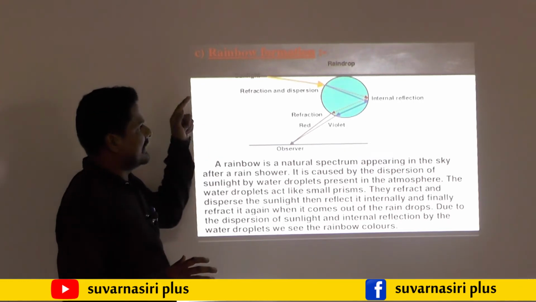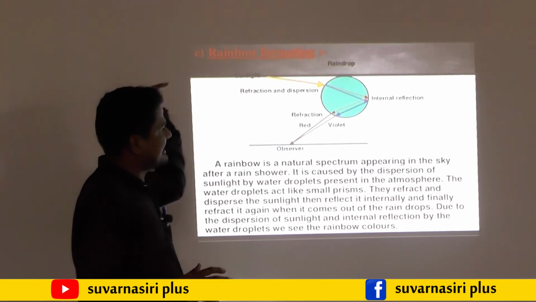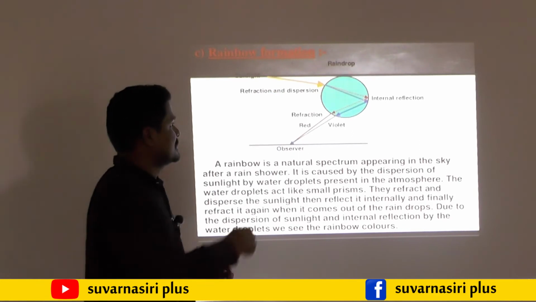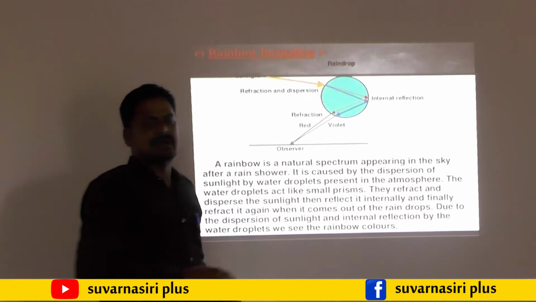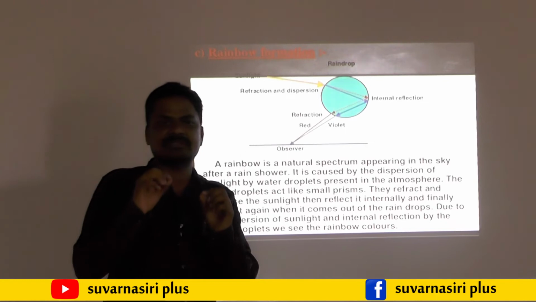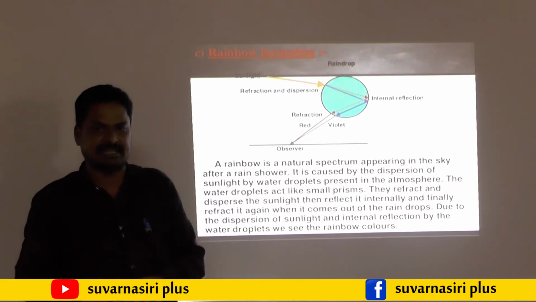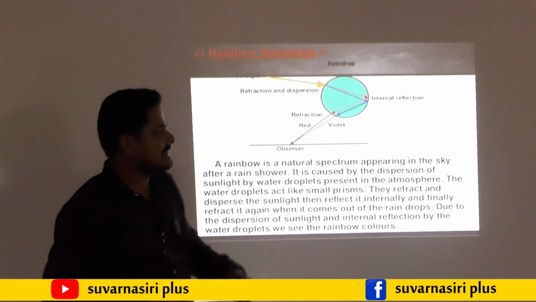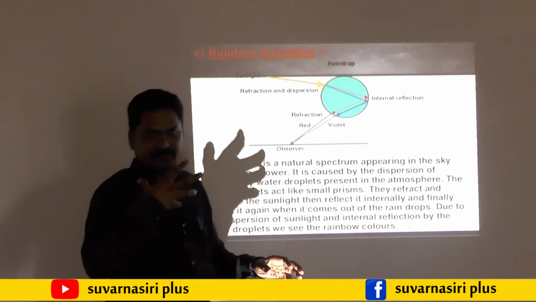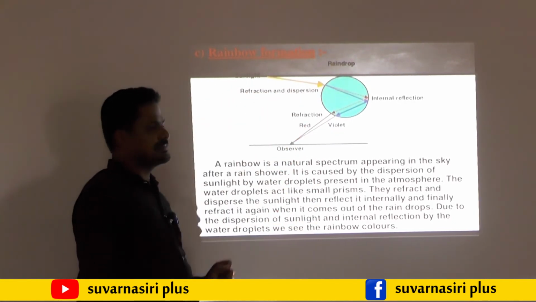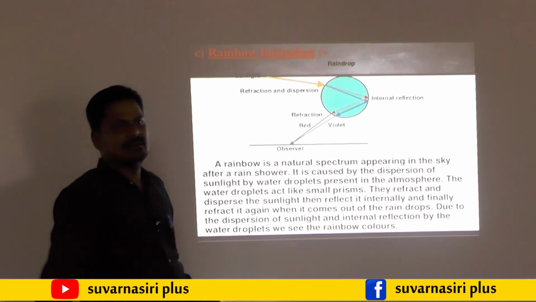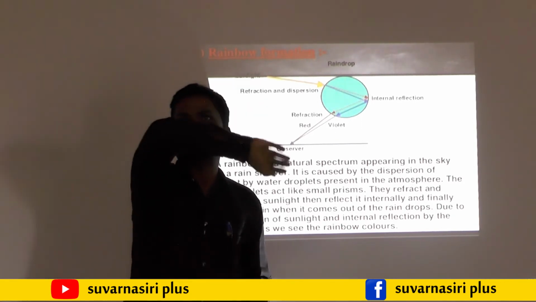When light from the sun enters the droplet, the first refraction and dispersion take place. It splits into 7 colors. Internally it is reflected, and again it is refracted. The 7 colors then appear in the sky.